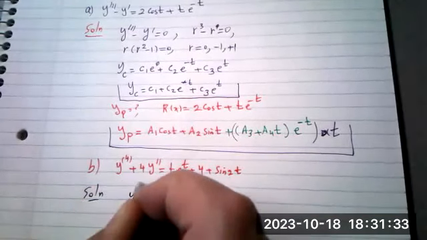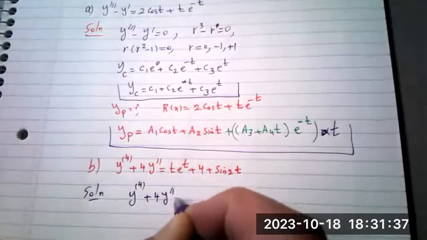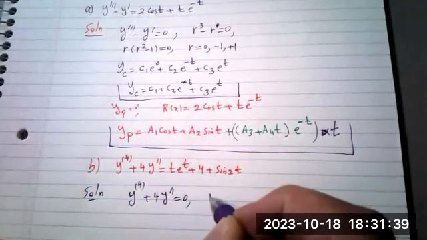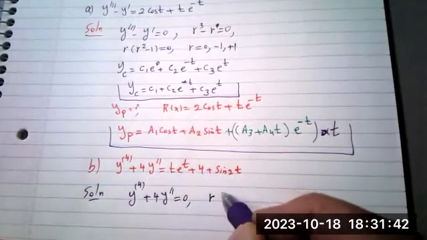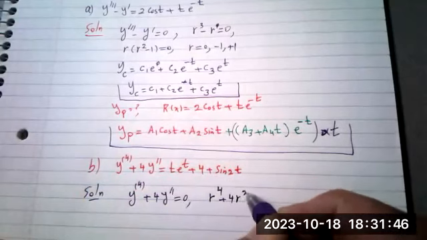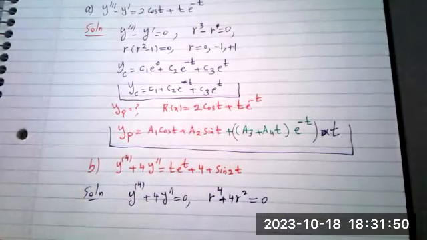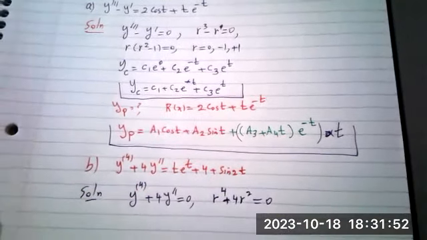Homogeneous one: y to the fourth order plus 4y double prime equals 0. Characteristic equation: r to the fourth plus 4r squared equals 0. Again, you factor out the r squared to continue.